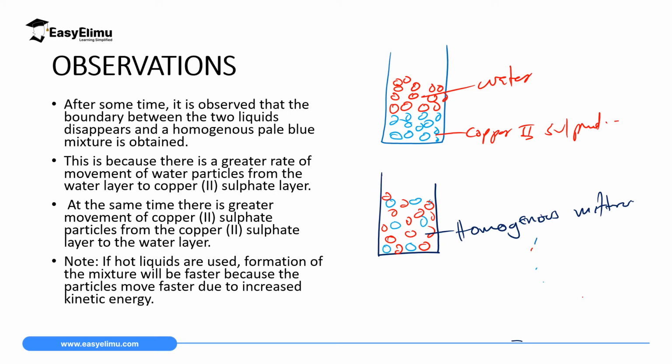What happened? It means some of the particles of water moved down from where they are highly concentrated. Remember, up here we have a high concentration of water and a low concentration of copper 2 sulfate.